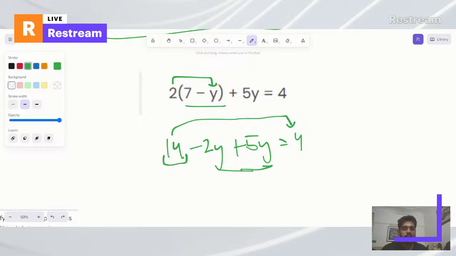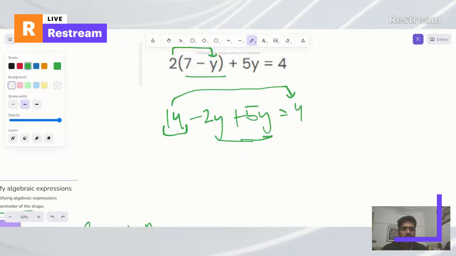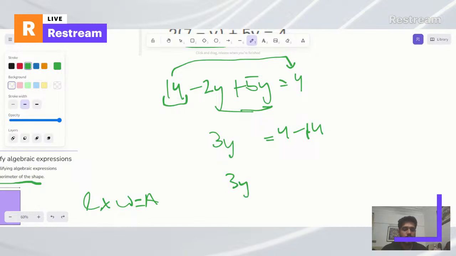Because 14 is positive right now, when it goes to the other side it's going to be 4 minus 14. It's going to be negative, right? And then by simplifying negative 2y plus 5y, it's going to become 3y, right? Now we need to simplify this half as well. So 4 minus 14 is going to give us negative 10, right?